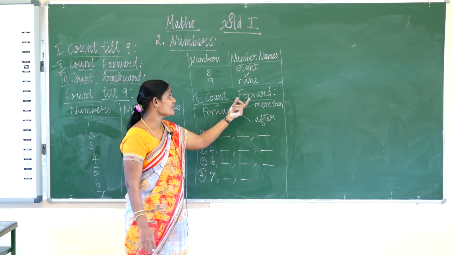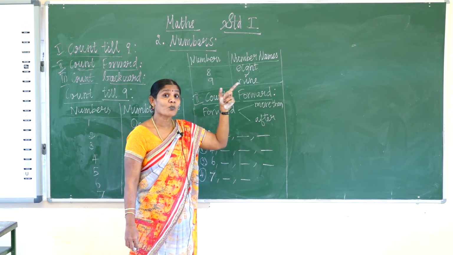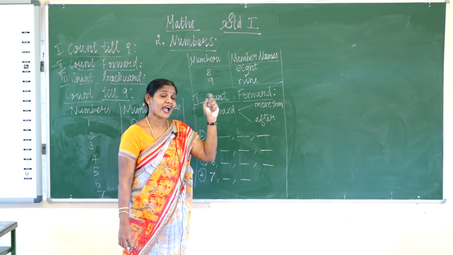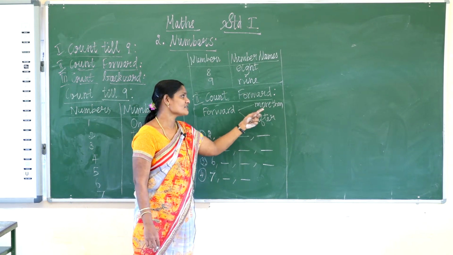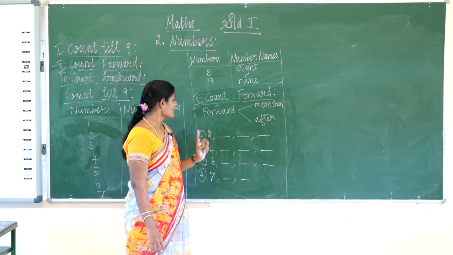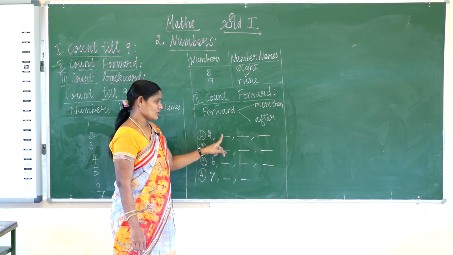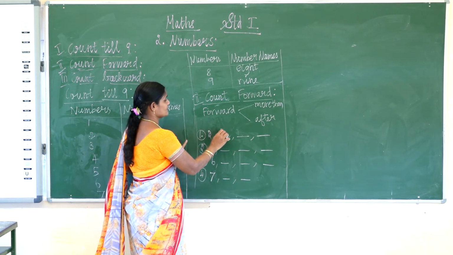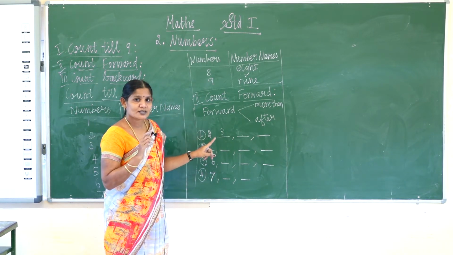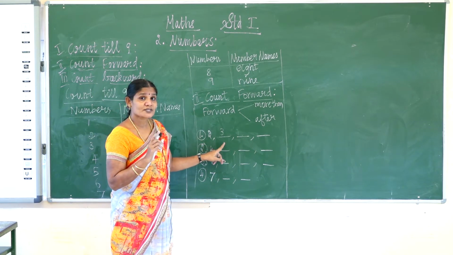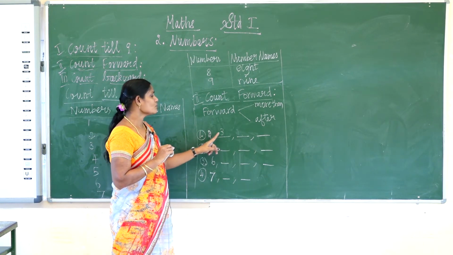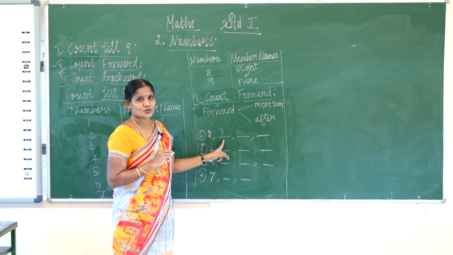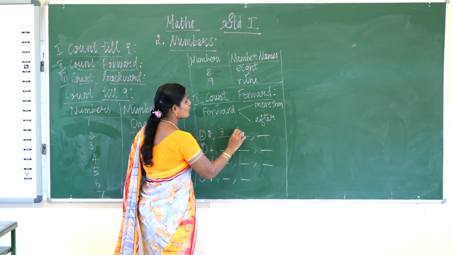So what's the meaning of forward? We say more than. Don't say after. After you study last year, this year more than. You say more than. So 2, after you say what is it? 3. But you didn't say after, you say more than. 2 more than 3. 3 more than 4.